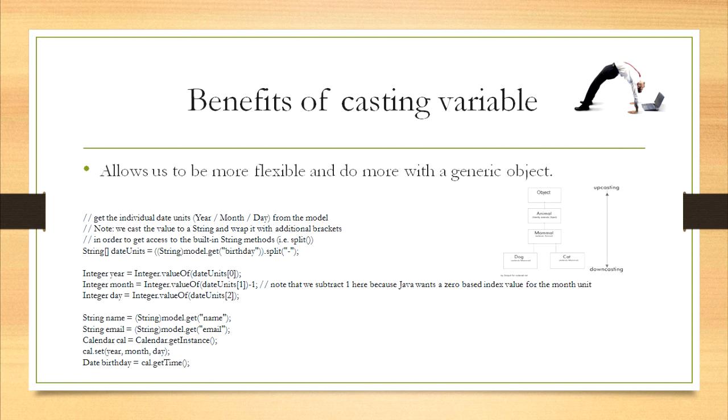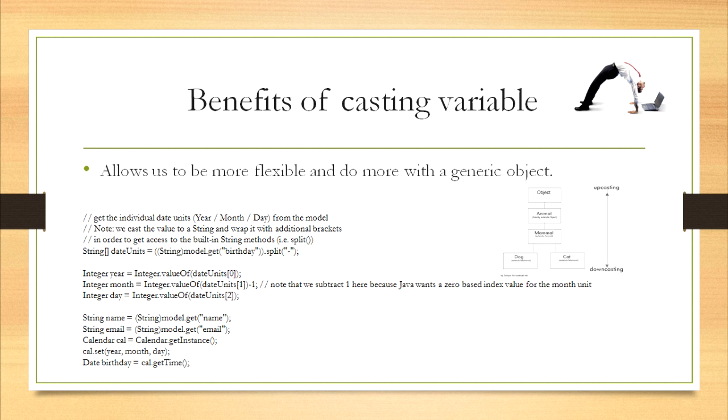This allows us to have more flexibility with our code. For example, we now have a birthday date object, so we can access methods such as getTime rather than just default object methods. This extends what the code can do, which is the main benefit to casting variables.